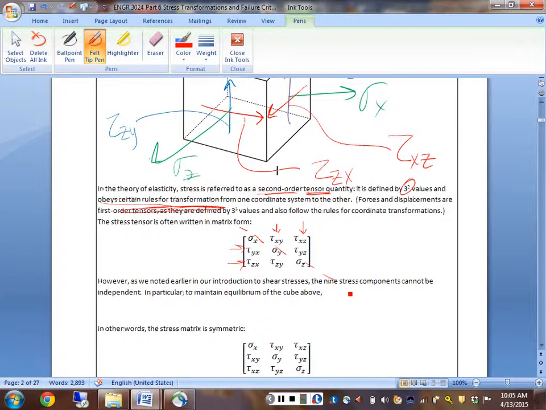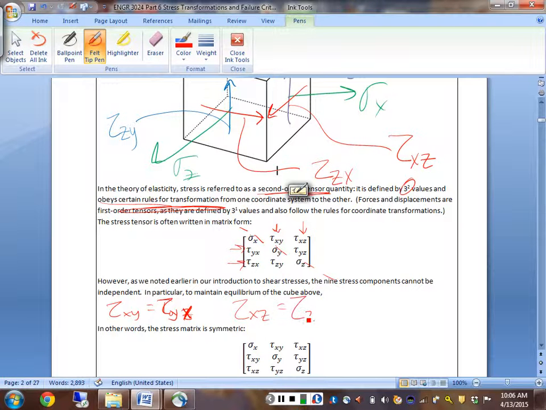Now, because of equilibrium, the red ones have to be equal in magnitude. The blue ones have to be equal in magnitude. The green ones have to be, no, not the green, whatever other color I've got going on up there. So we can say that tau xy and tau yx, those two are equal.